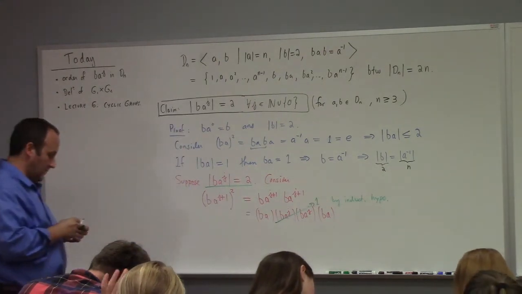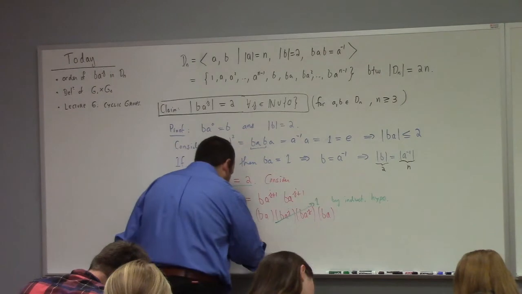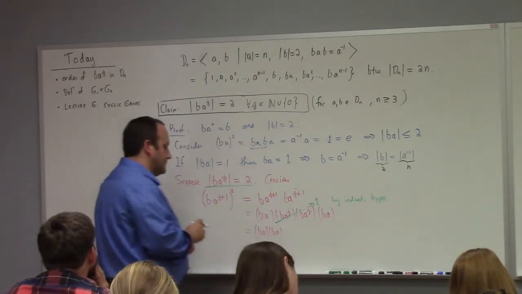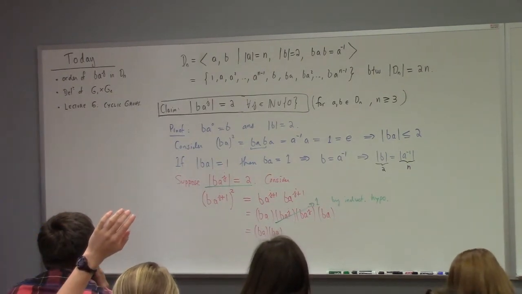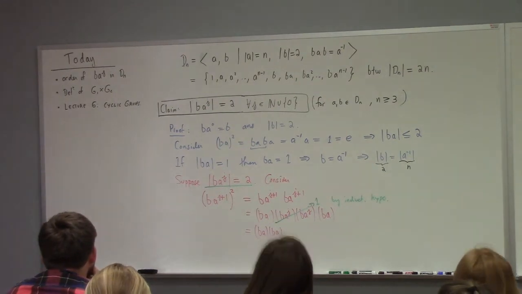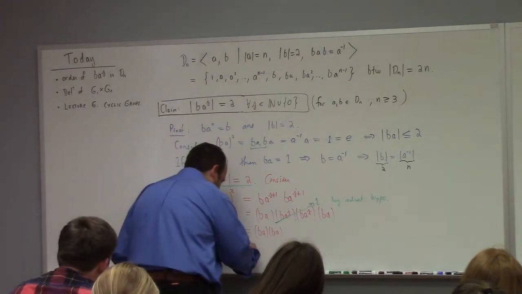And so you got BA times BA, which is BA squared. We proved the, yes? How did you go from 2 b's to 4? You tell me. And this is equal to 1.